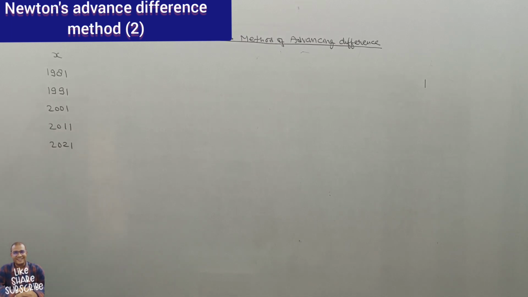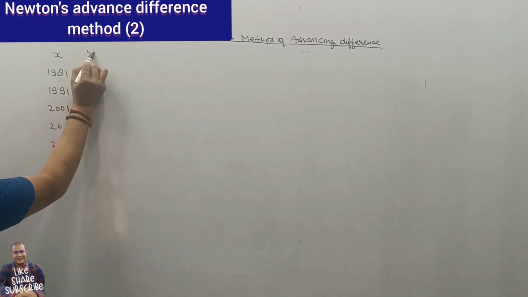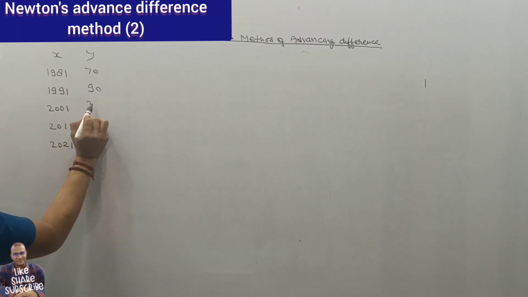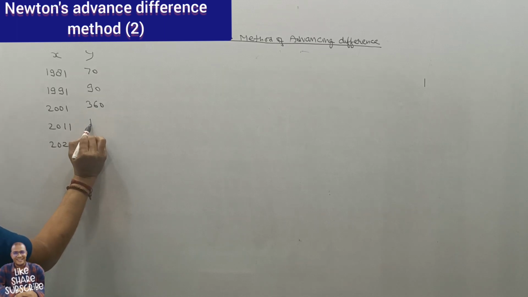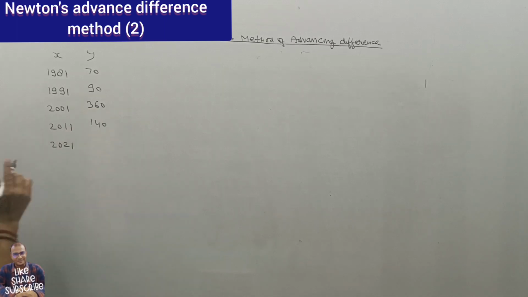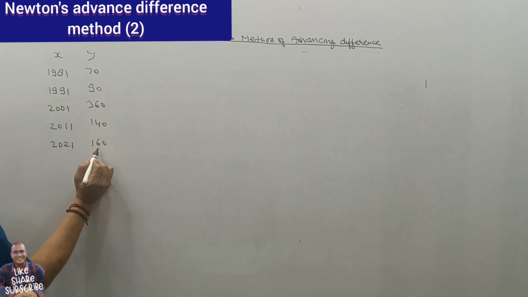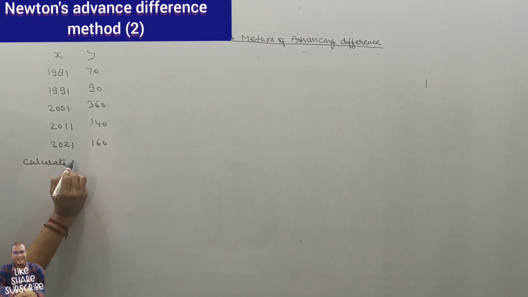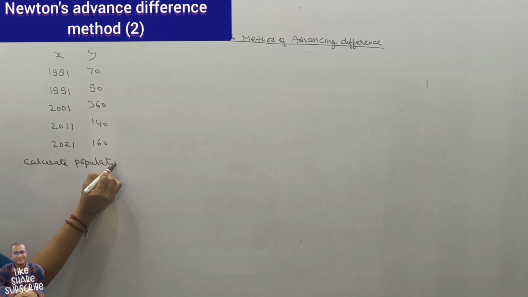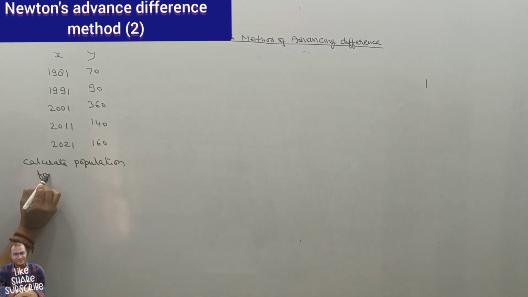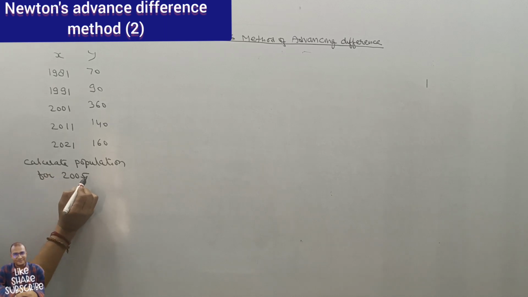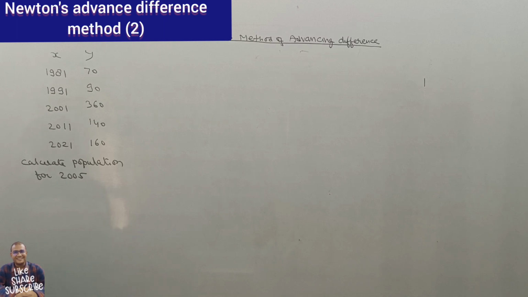The data of the population of a city is given, and the data is 70, 90, 360, 140, and the last one is 160. And the question is to calculate the population for 2005. We are to calculate the population of 2005.